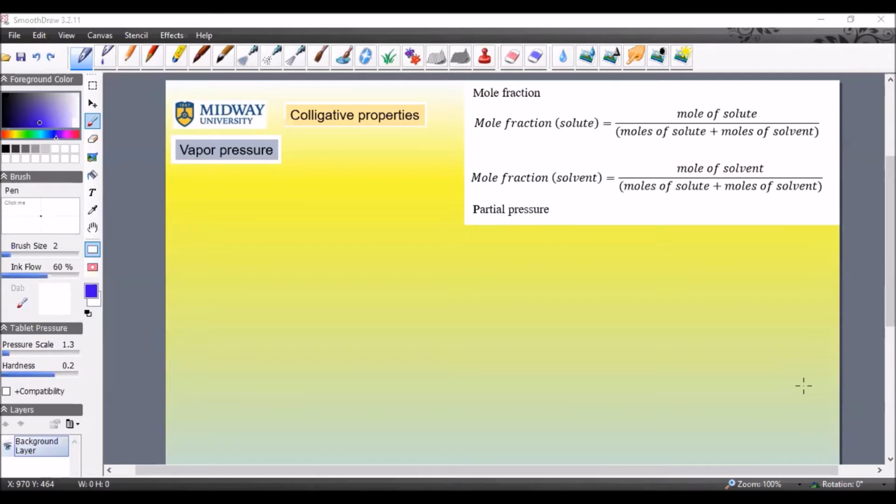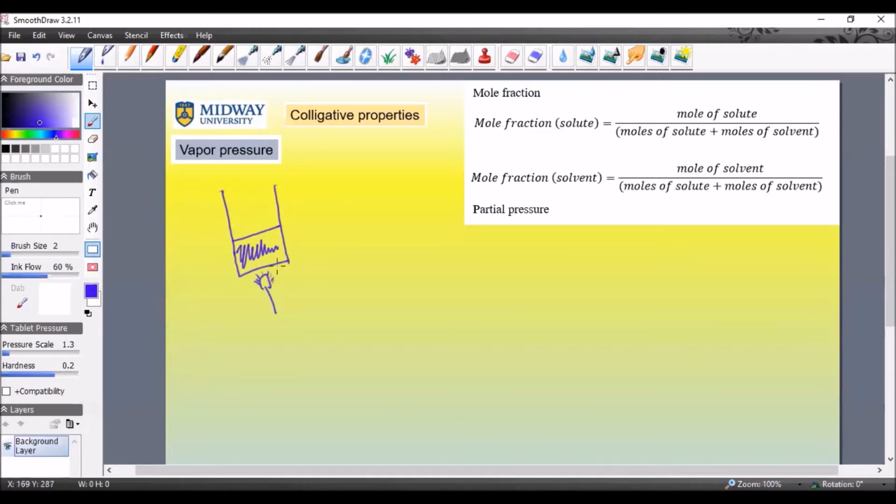Let's see if we can visualize what we really refer to as vapor pressure. Say this is a beaker, okay? And you've got some water in it, and we're going to heat it with a Bunsen burner.